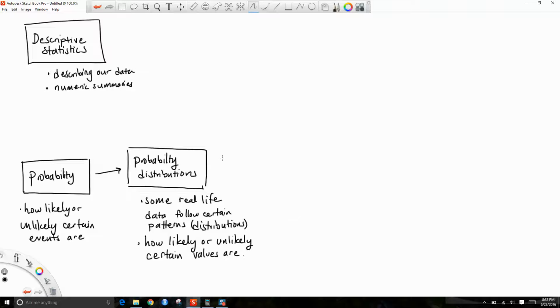Once we get a handle on probability distributions, we can talk about sampling distributions. Probability distributions tell us how likely or unlikely certain values are. With sampling distributions, we get how likely or unlikely certain numeric summaries are.